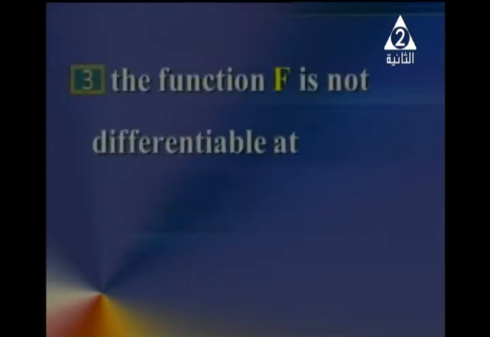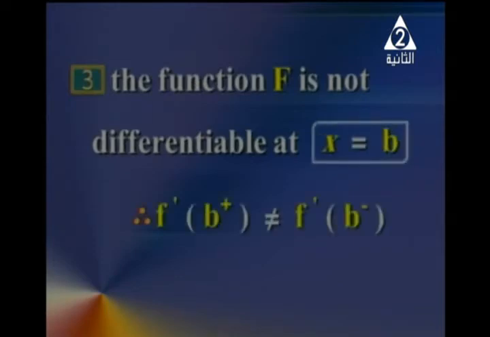Number three, the function is not differentiable at x equals b. What do you deduce? Excellent student. f dash b positive not equal f dash b negative. Remember, dear student, when the function is not differentiable at x equals b, we deduce that f dash b positive not equals f dash b negative.